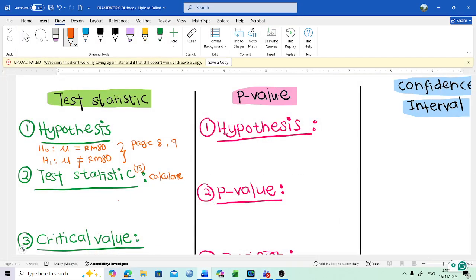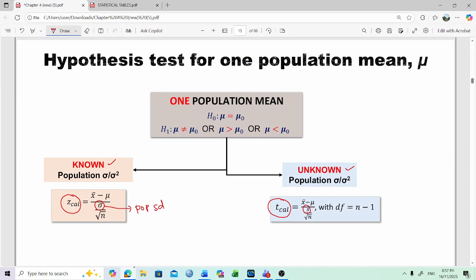So for the test statistic, you will calculate either Z or T. Here we have the formula like I showed you earlier, depending on the case. Is the population variance known or unknown? If it is known, then you take this formula and calculate. If it is unknown, then you use this formula and calculate the test statistic.